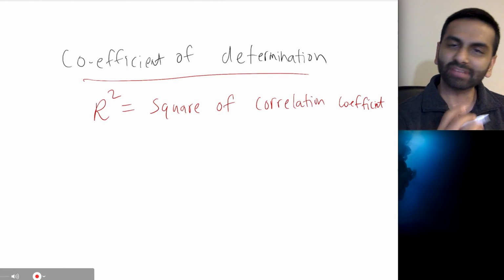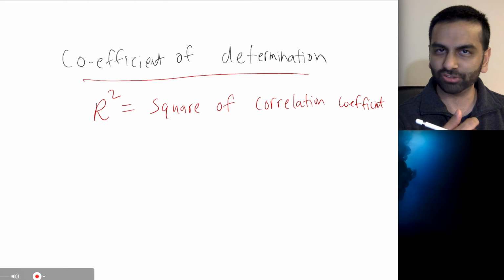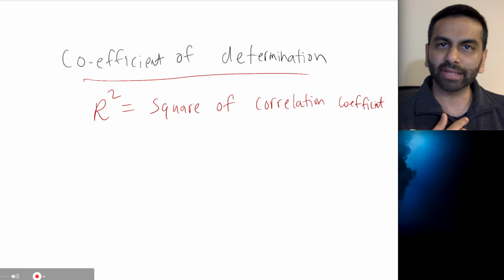And so R squared has a nice interpretation. Really the main usefulness of the correlation coefficient is as an in-between step to finding your R squared. So let's say your correlation coefficient is R equals 0.9.